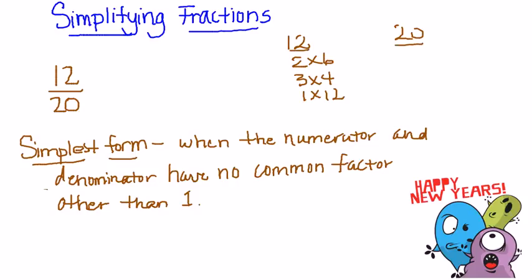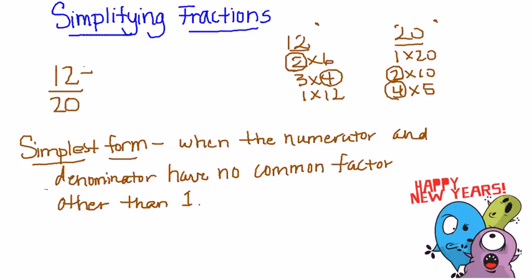I could do 1 and 20, 2 and 10, 4 and 5. Now when you look at the two sets, what are the common numbers? Let's circle them. 2 is common, 4 is common, and that's it. So those two numbers can be used to make this in simplest form.